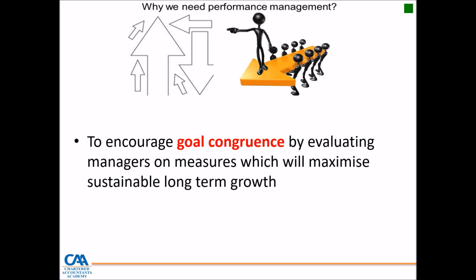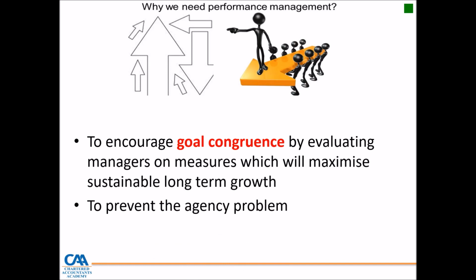So to encourage goal congruence, there is a need to evaluate managers on measures which will maximize long-term growth. Also, there is a need to align the employees' goals with the entity's goals so that all goals come together to encourage goal congruence.